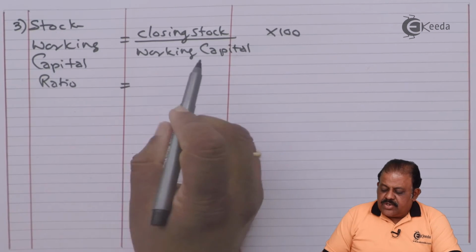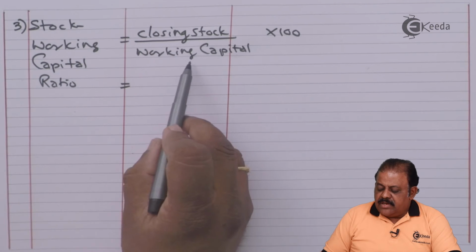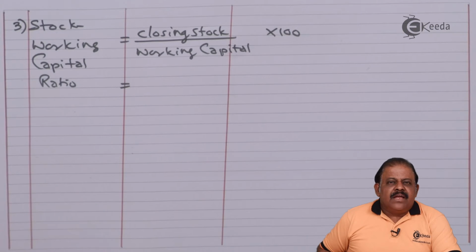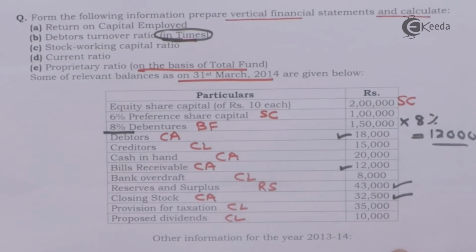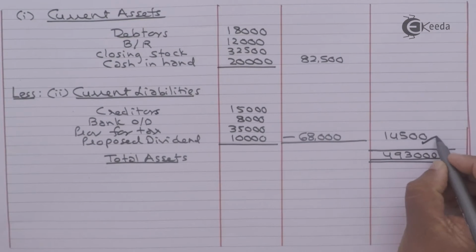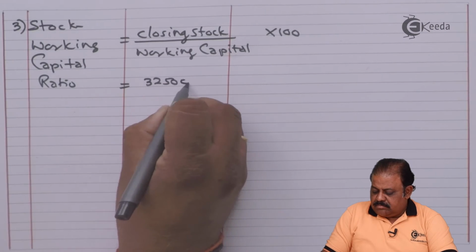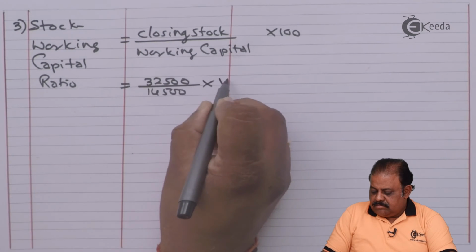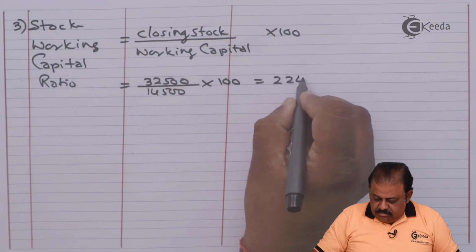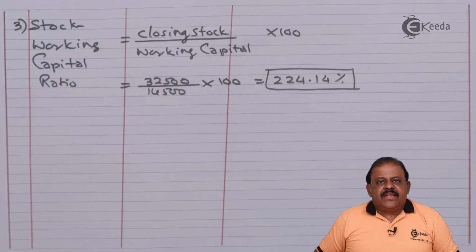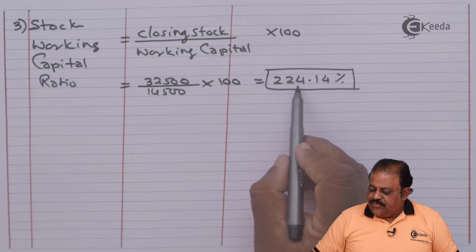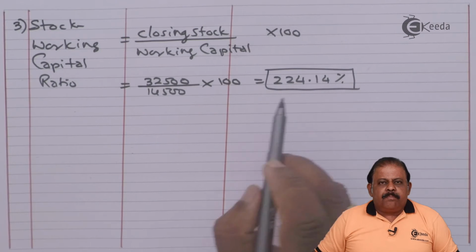Stock working capital ratio, closing stock divided by working capital multiplied by 100. Your closing stock we have 32,500. Working capital 14,500. Stock working capital ratio 224.14%.